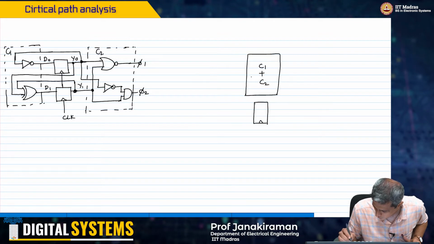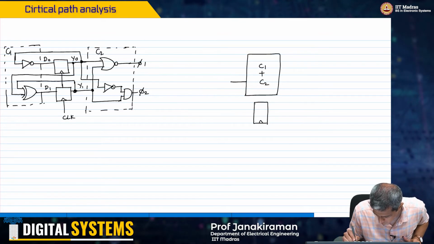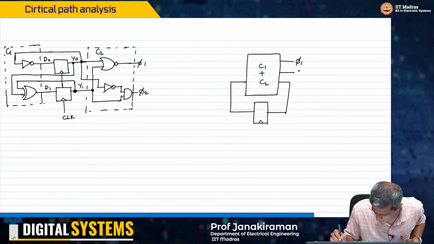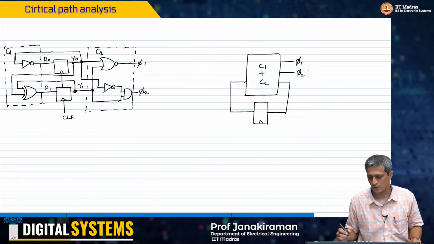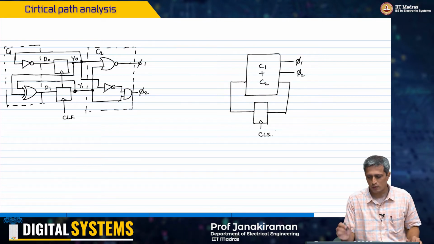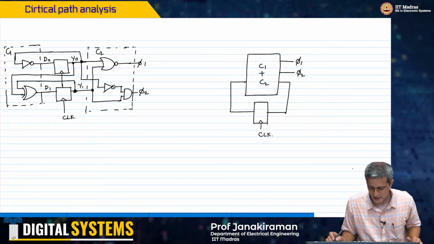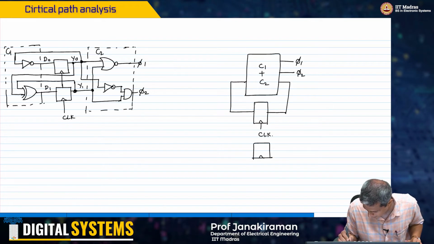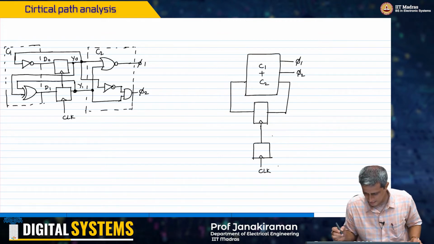Okay, phi 1, phi 2, and I have phi 1, phi 2. So this is my clock. Now, maybe I'll draw this out separately here because there are only two flops, it makes it easy. I'll just draw the clock like this.